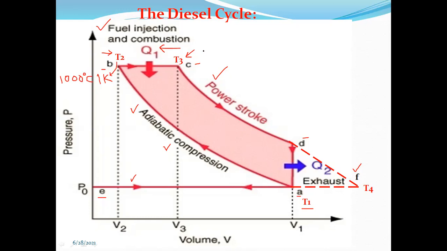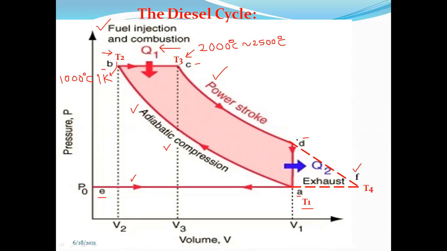Then T3, due to combustion, it rises to 2000 degrees Celsius, or depending upon type of engine, it may rise to 2500 degrees Celsius.